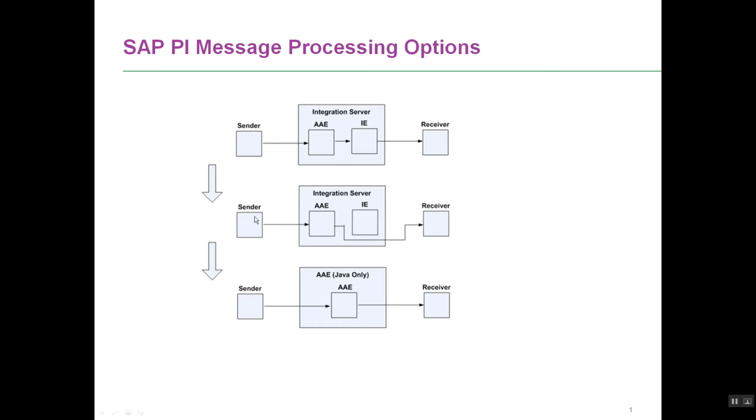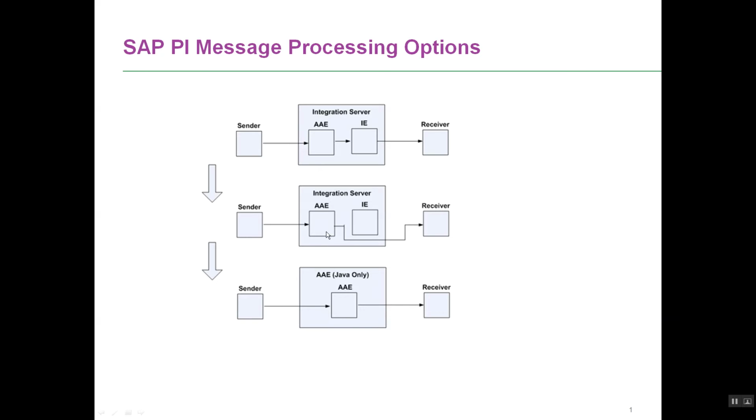The sender adapter picks up the file, but the adapter engine does all the processing and pushes it out to the receiver. The ability of the adapter engine, or the advanced adapter engine, to process the message locally within itself without having to send the message to the integration engine, as we saw in the classical processing, is what is called local message processing within PI.